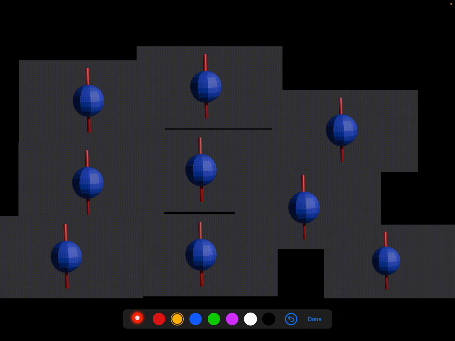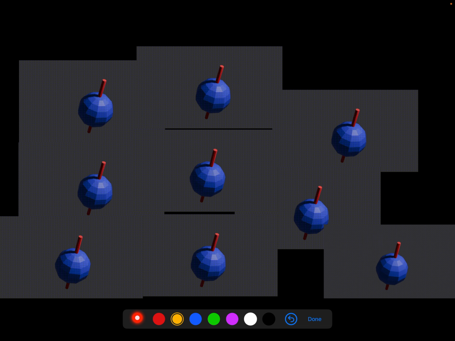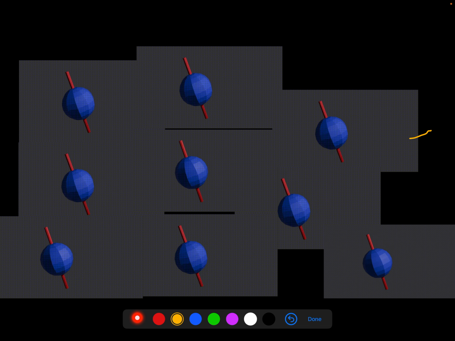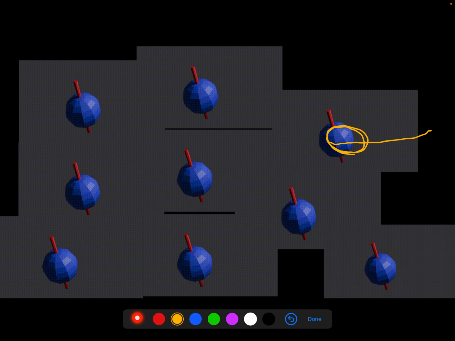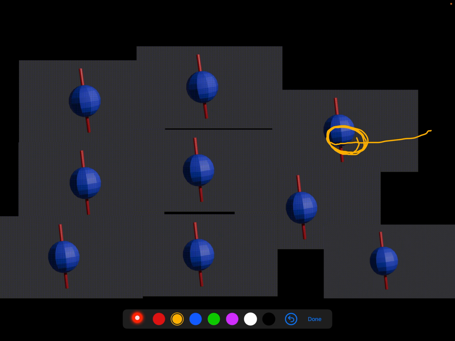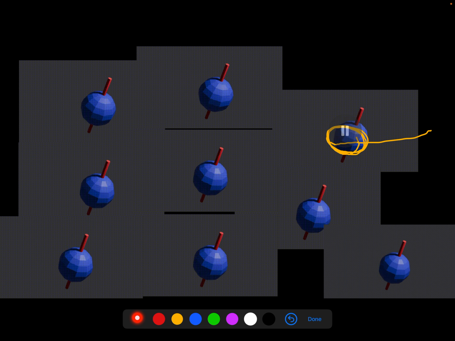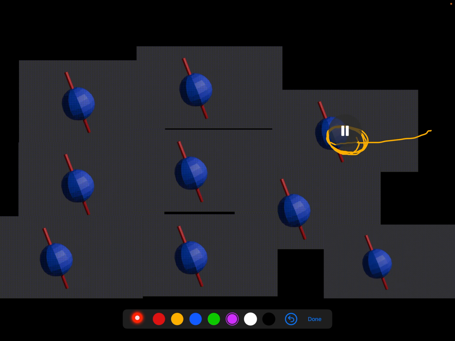So here it is. Now, when we enter a magnetic field, you can see that there is this original spinning around its own axis, but now there's also this wobble around the magnetic field.